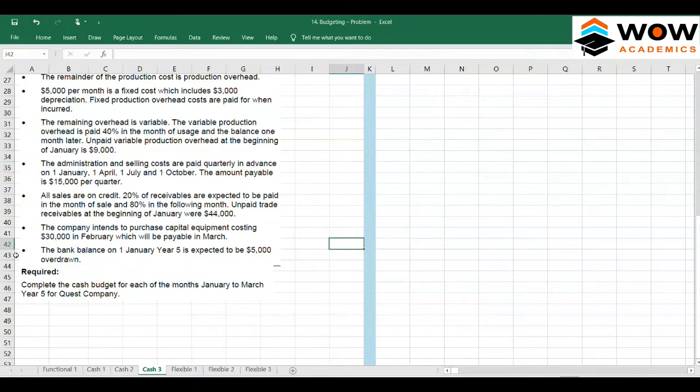So the requirement is to complete the cash budget for each of the months January to March, year 5, for Questco company.